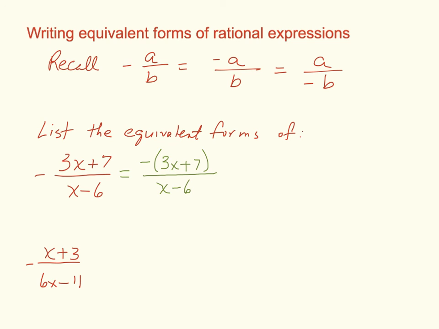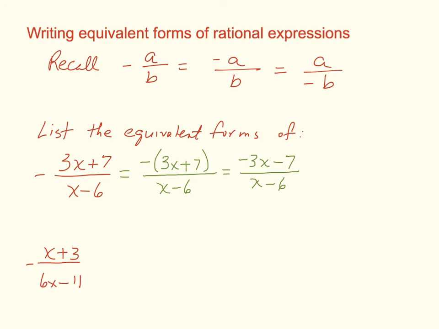Or I can take it further and distribute the negative sign to the numerator. So the negative will go with the 3x and the negative will go with the 7. I just distributed, all over x minus 6.